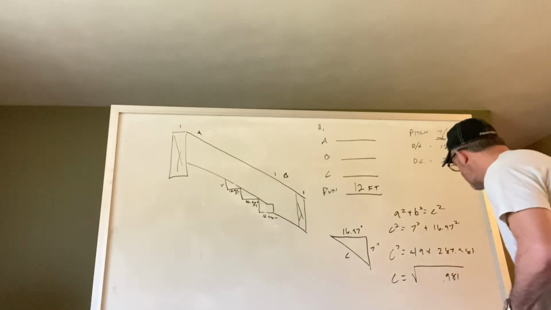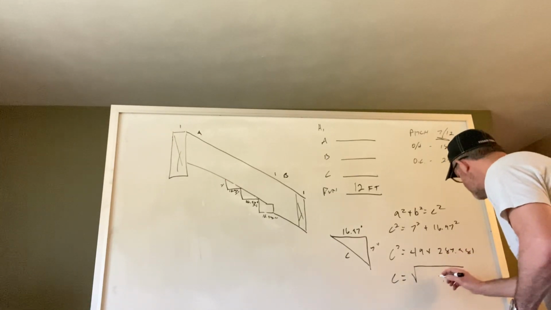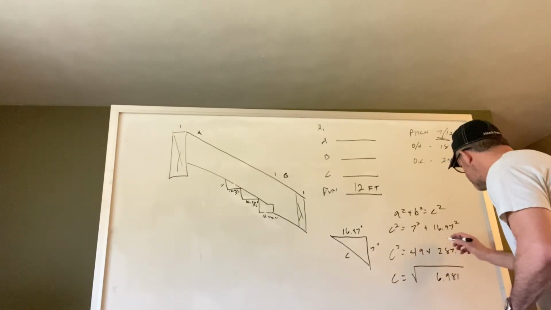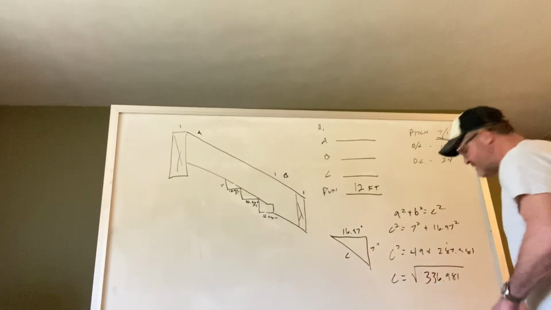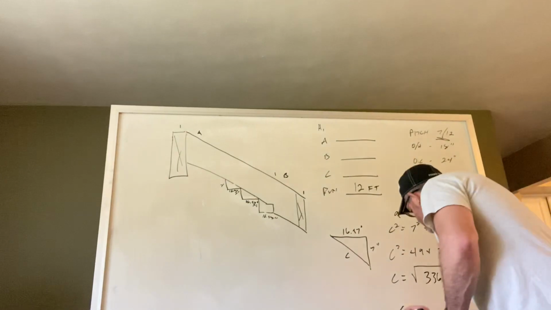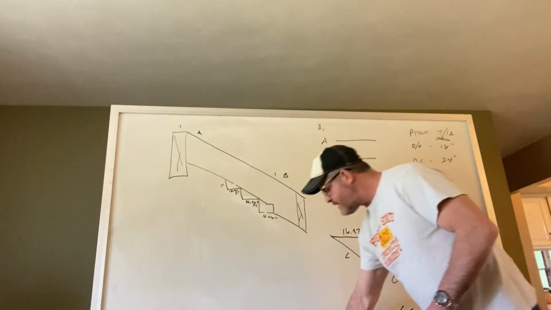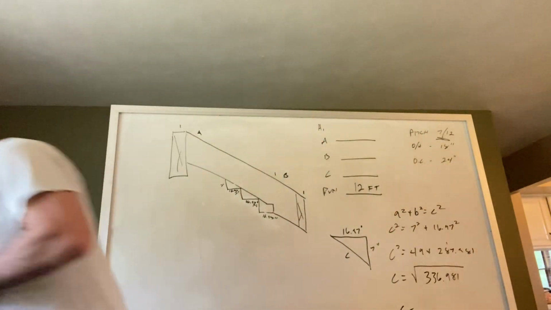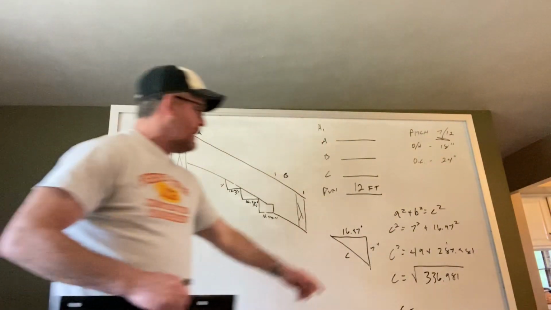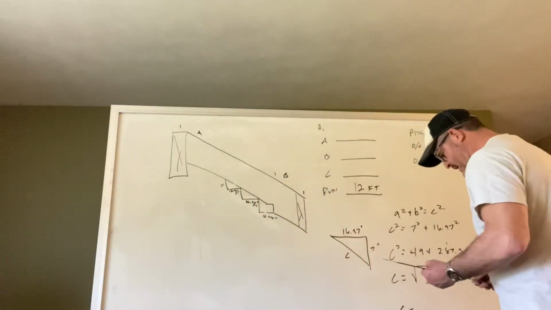So 49 plus 287.981 gives 336.981. Again, everybody should be following along on your calculator. So go ahead and find the hypotenuse, the root of 336.981.